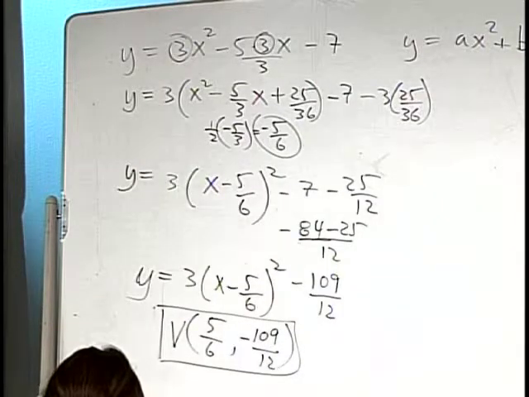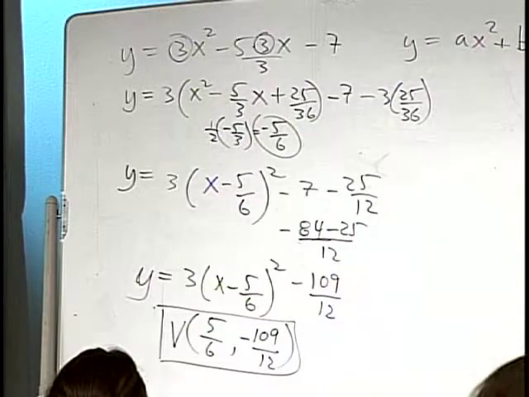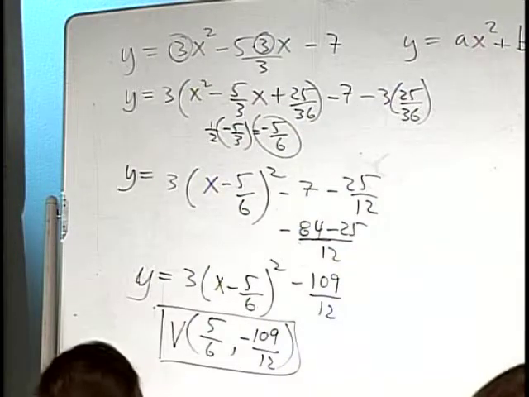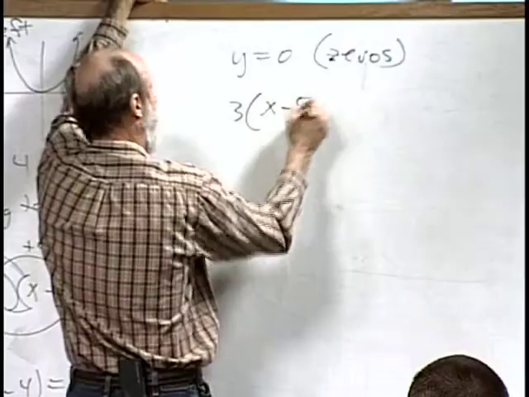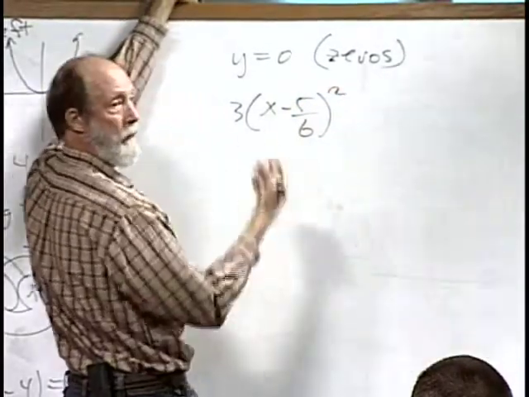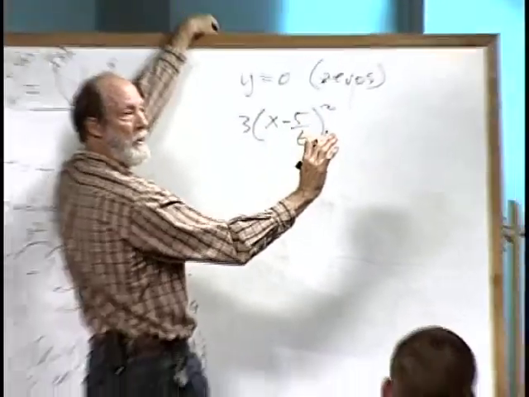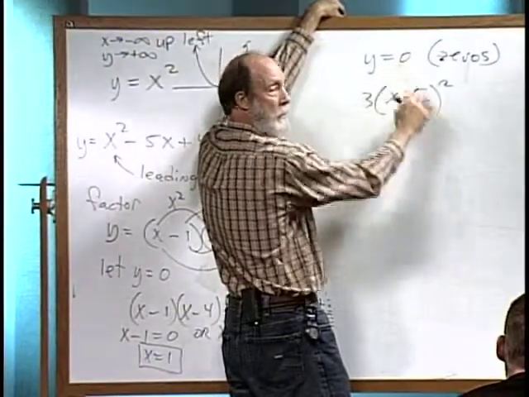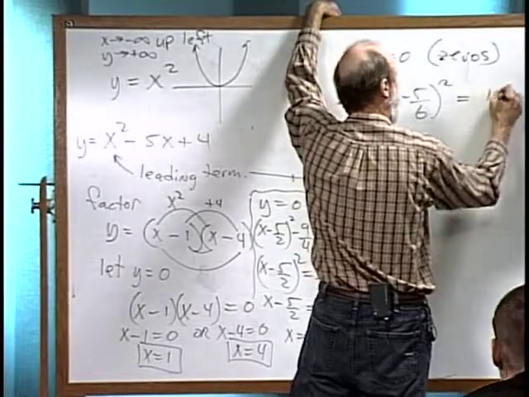And so y equals 0. We're looking for the zeros. And we have 3 times x minus 5/6 quantity squared. I'm going to take that 109/12 and kick it to the other side, right? Because I've set y equal to 0. So it's going to equal the 109/12.